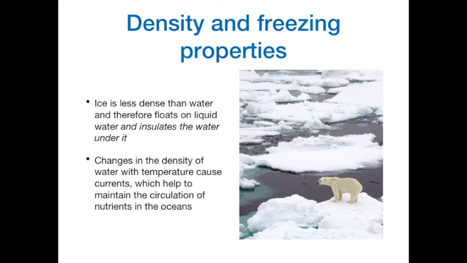Is this important in biology? Of course it is. Because it reduces the tendency for large bodies of water to freeze completely and increases the chances of life surviving in cold conditions, because the ice acts as insulation.